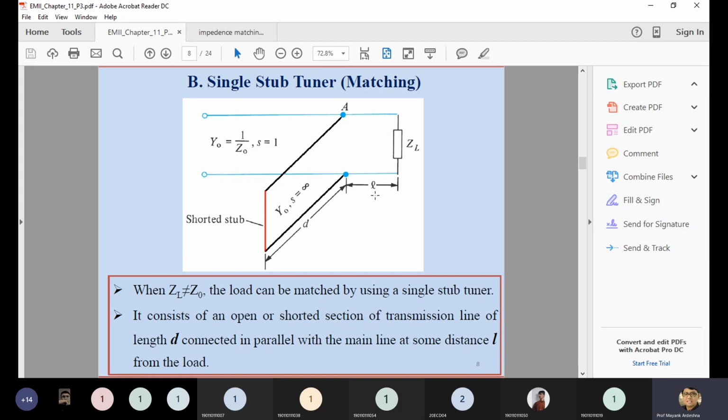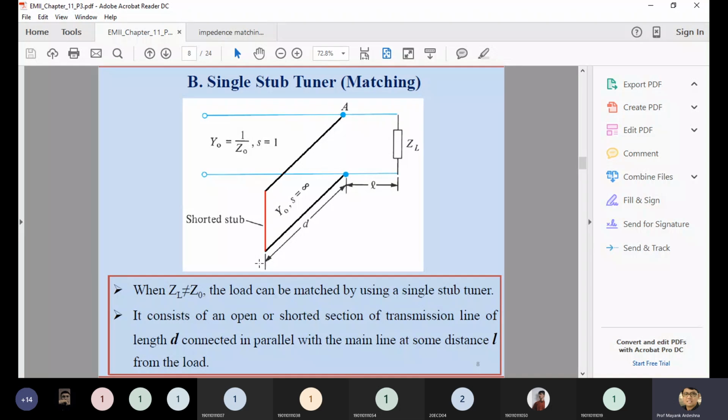L is nothing but the length at which you insert the new wire, which is your stub. So it's basically the location at which you insert the wire. And the second is how much length this particular wire has. It may be 1 meter, 0.2 meter, 0.3 meter. So this part is mentioned with a D.